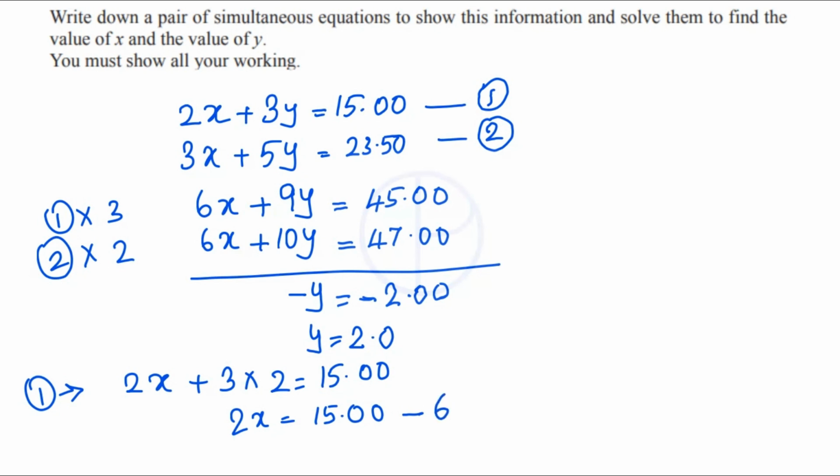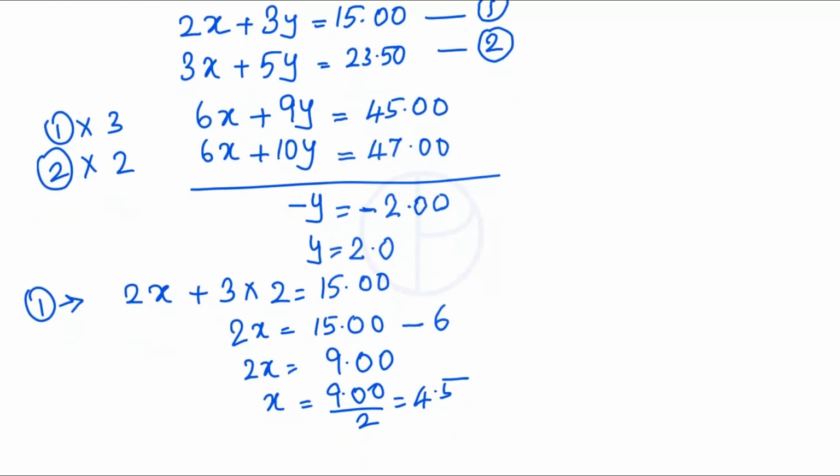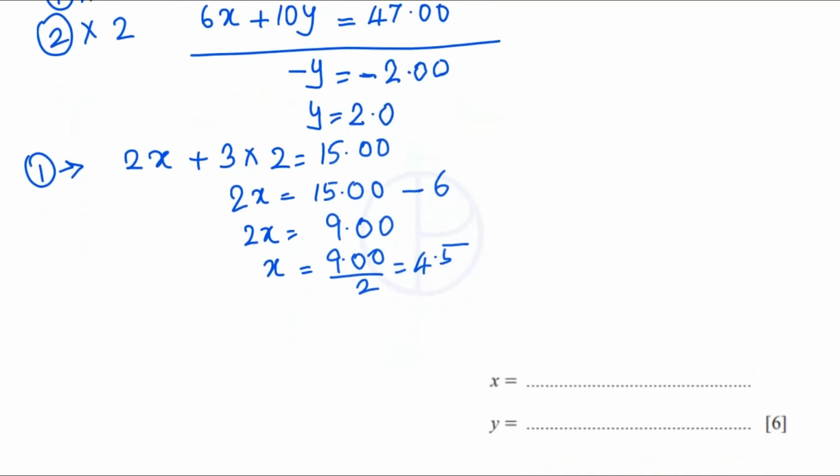So 15 minus 6 is 9. So 2x equal to 9. So what is x? x is 9 divided by 2, which is 4.5. So the x value is 4.5, and the y value is 2.